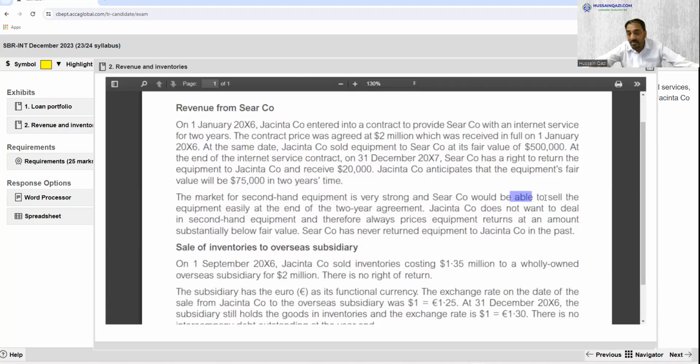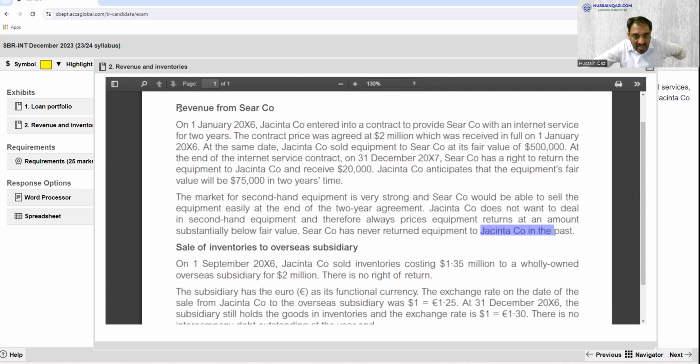Share company will be able to sell the equipment easily at the end of the 2-year agreement. Jacinta does not want to deal in second-hand equipment and therefore always prices equipment returns at an amount substantially below fair value. Share has never returned equipment to Jacinta in the past.